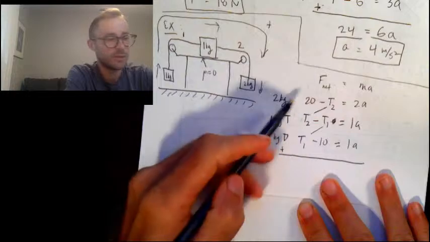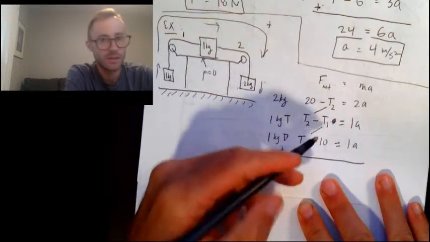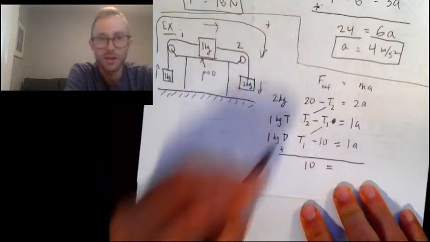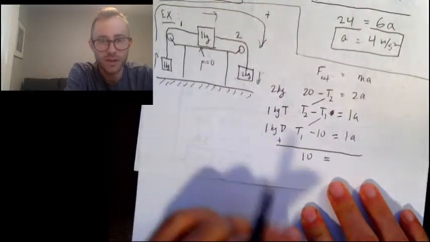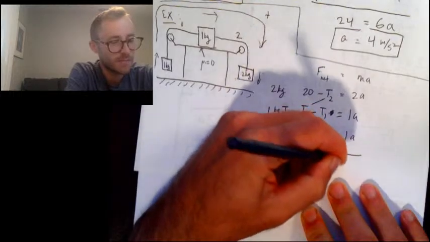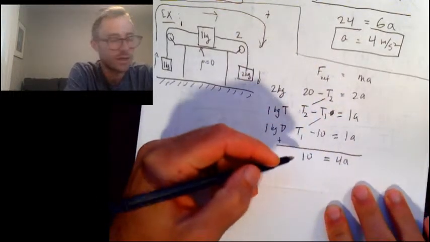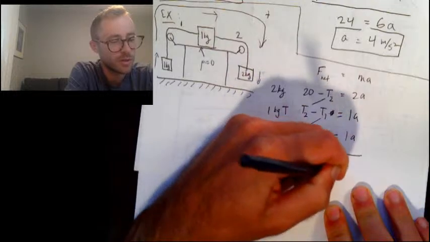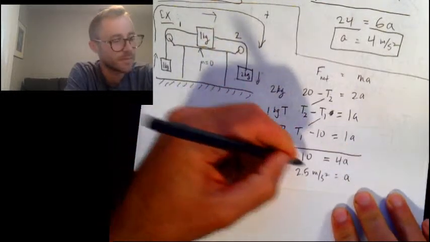So all we have is 20 and negative 10, giving a net force of 10 newtons. And then on the right-hand side, 2A plus 1A plus 1A is 4A. Divide by 4 on both sides, we get 2.5 meters per second squared equals acceleration.